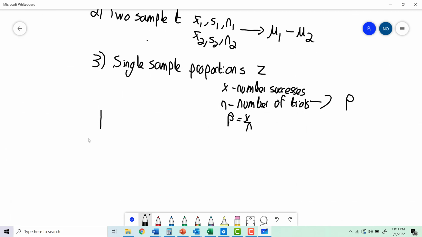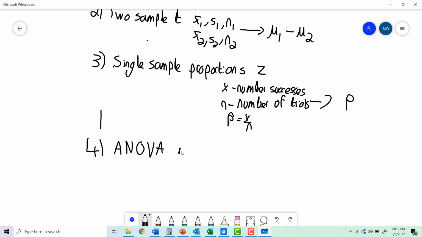Then number 4. We're looking at ANOVA. And here we have inference on multiple groups. We're not explicitly calculating the means, but basically we're looking at the hypothesis.